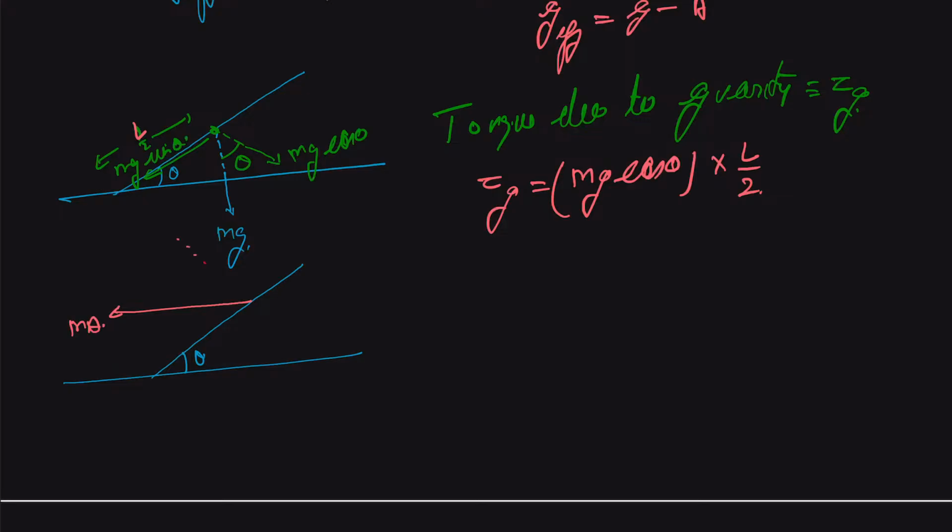We can divide this into two components. This angle is theta, so obviously this angle will also be theta. So we have this as ma sin theta, and the other component will be ma cos theta.